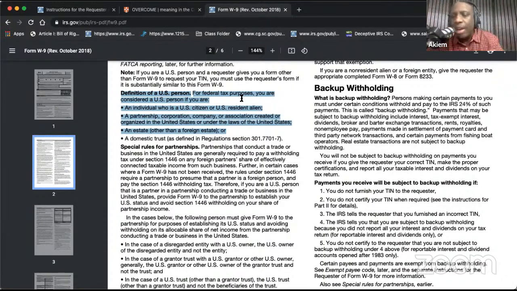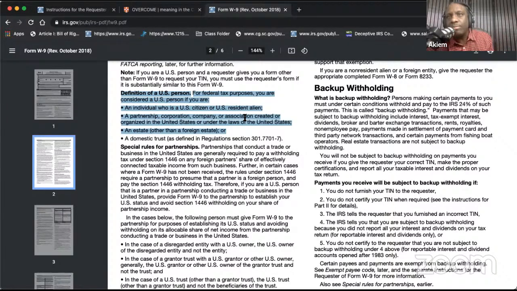See, definitions take on different meanings, depending on the code. That's why you got to be careful when you go into seminars, listening to people, and they say, well, U.S. citizens is just this. That's not true because they have different meanings depending on what you're doing. Just like for this form, you're a U.S. person by definition based on what this form is saying when you fill it out. When you're following other IRS codes, it has a different meaning.